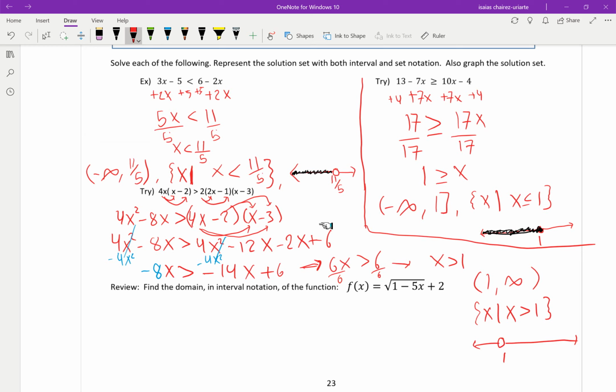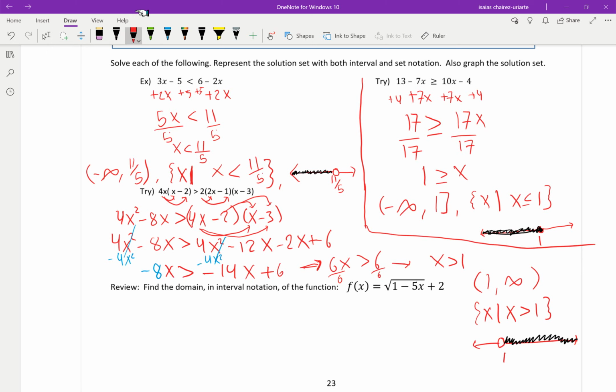So 1, and it's things that are bigger than 1. So things to the right of 1, not including 1. All right, so far, hopefully we are all in the same page.